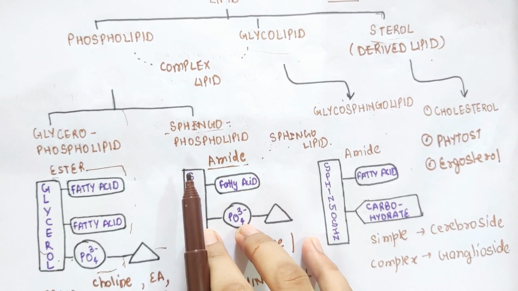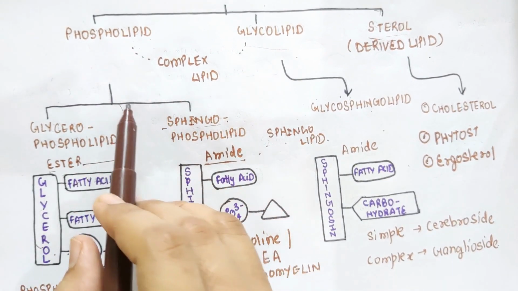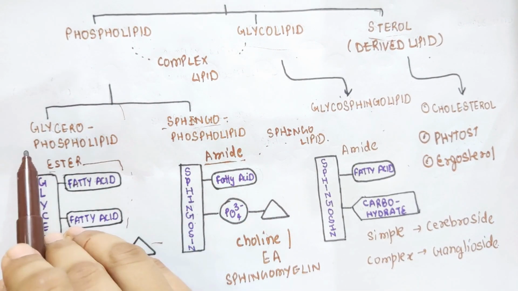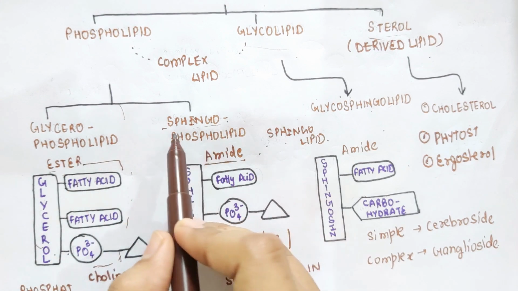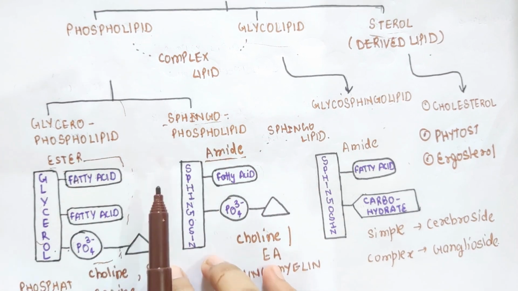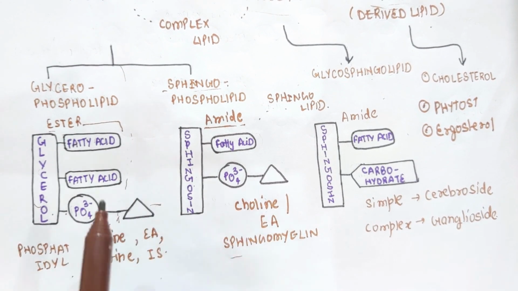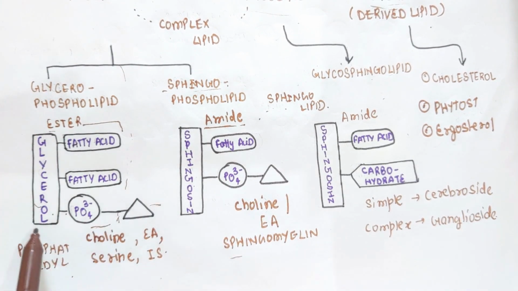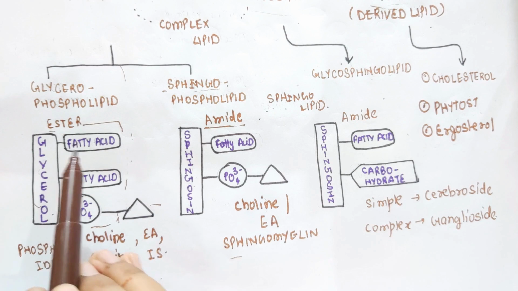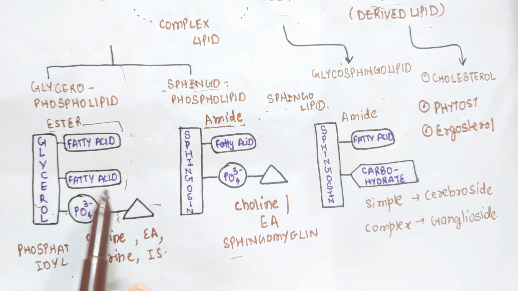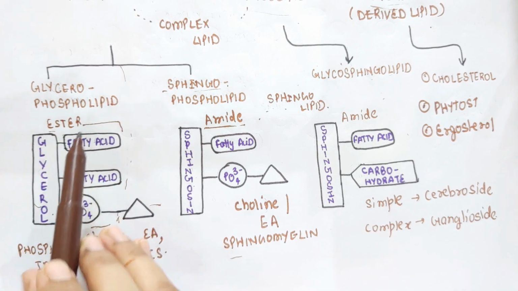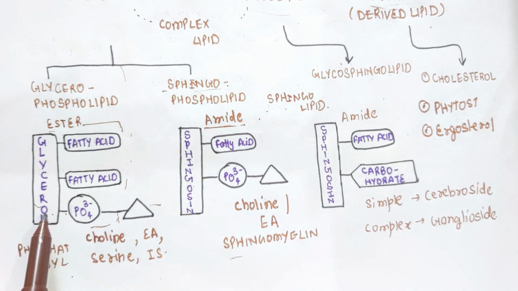Now, the phospholipid is further classified into glycerophospholipid and sphingophospholipid. If you look at the structure of glycerophospholipid, it is made up of a glycerol backbone which is connected to two fatty acids via ester linkage, and its third hydroxyl is connected to a small polar head group which is phosphate, and it is further connected to a small head group.